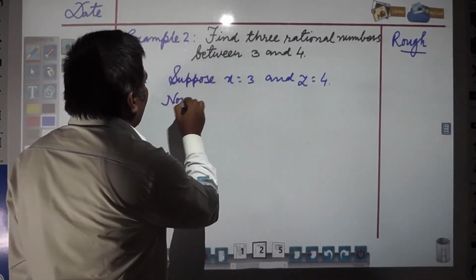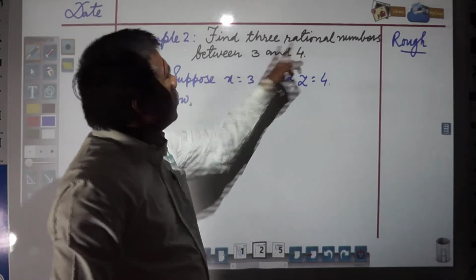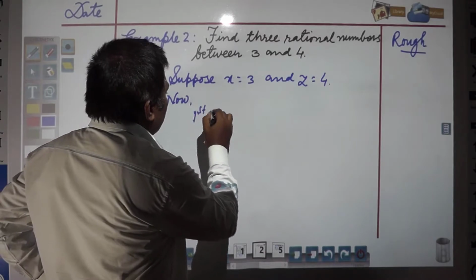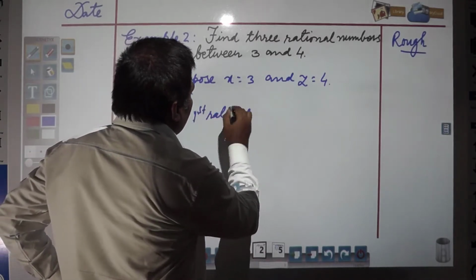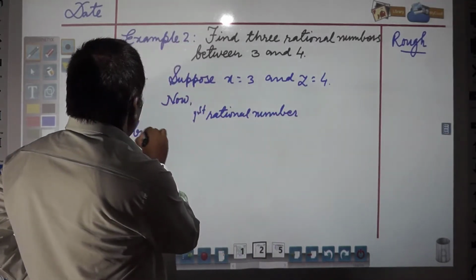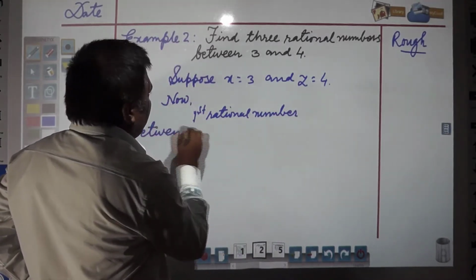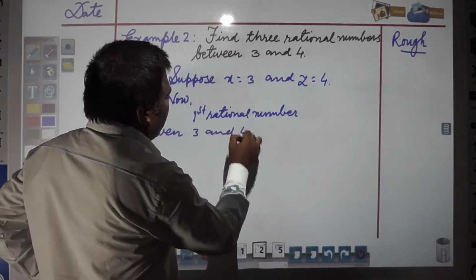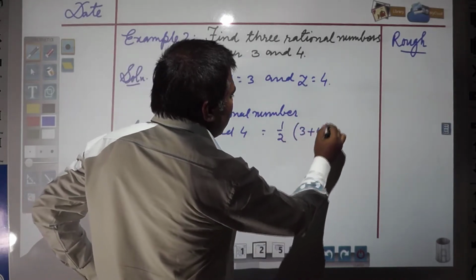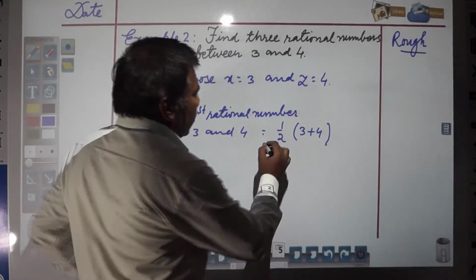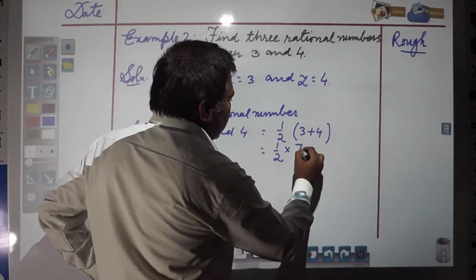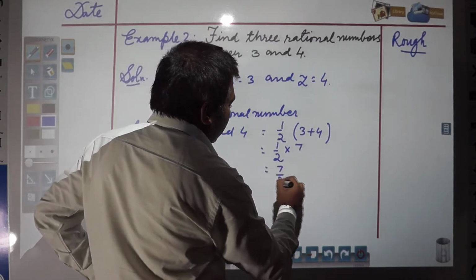Now you need to find three rational numbers. First, find the first rational number between 3 and 4. It will be 1 by 2 (x plus y), so you will get 1 by 2 times 3 plus 4, and 3 plus 4 is equal to 7, so you will get 7 by 2.